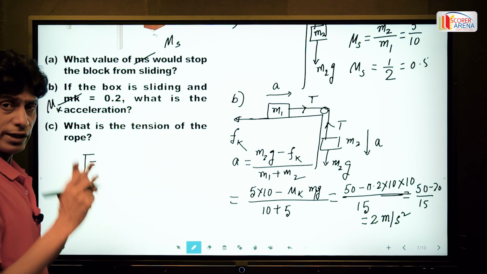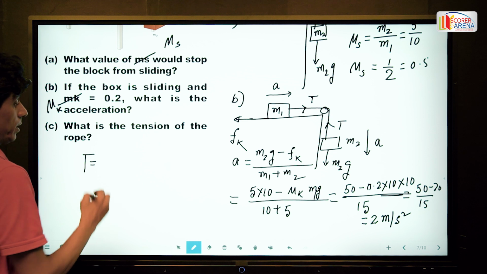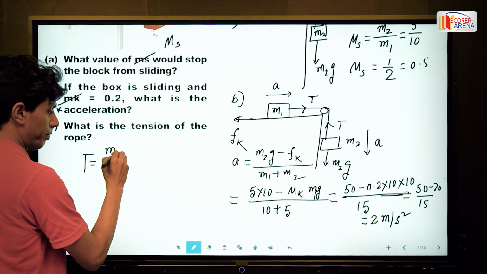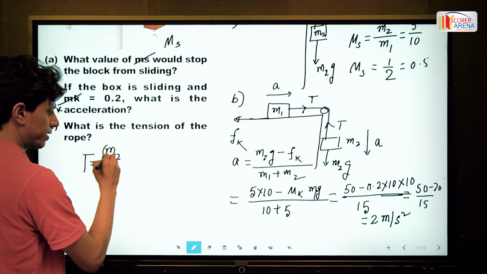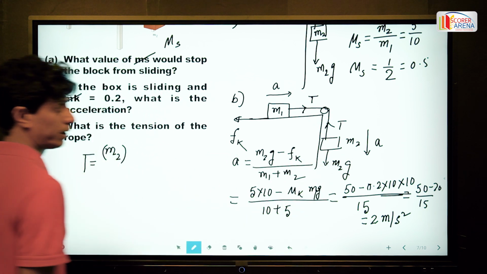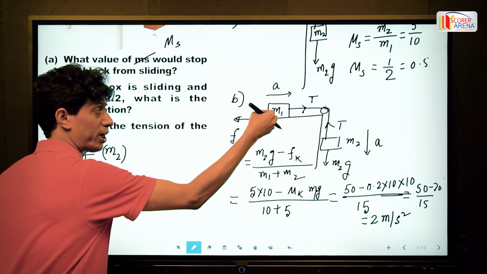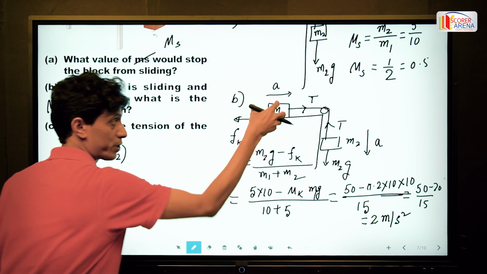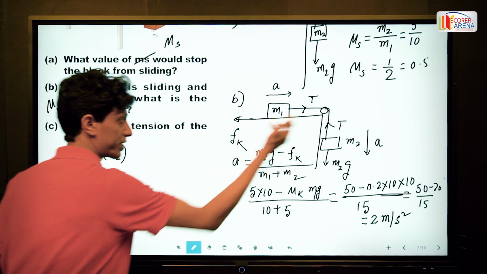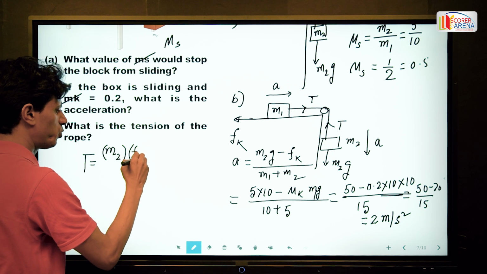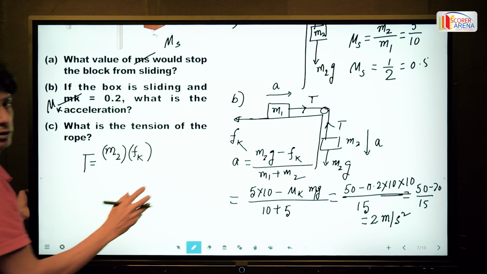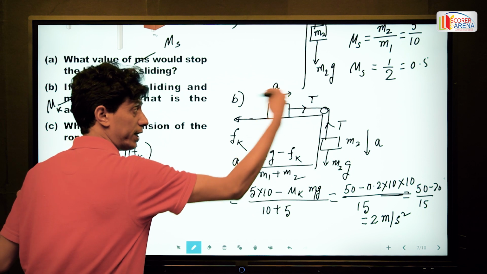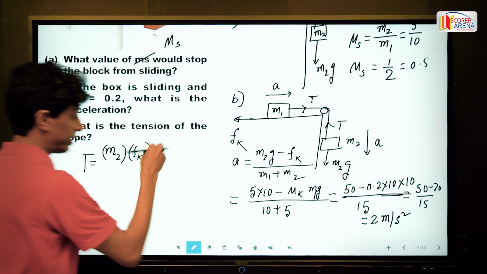Tension we can write using the superposition principle: mass of the right hand side, this is M2, and the force acting on the body, friction opposite to the tension, is equal to M2 Fk. That is, mass of the right hand side into the force acting on the left hand side body against the tension, which is Fk.